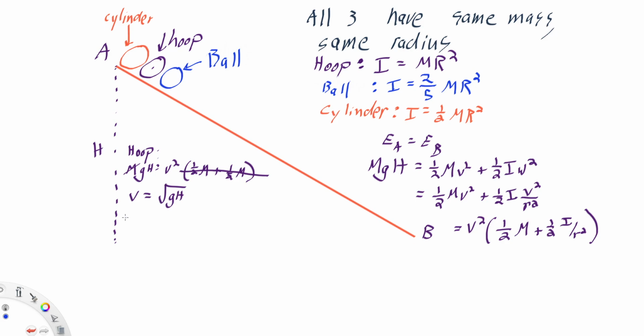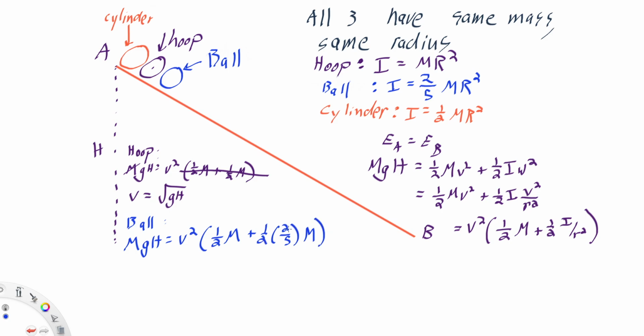For the ball, we get mgh equals v squared, and then we have 1/2 m from the translational kinetic energy, and the moment of inertia is 2/5 mr squared. Again, the r squareds cancel, and we get plus 1/2 times 2/5 times m.